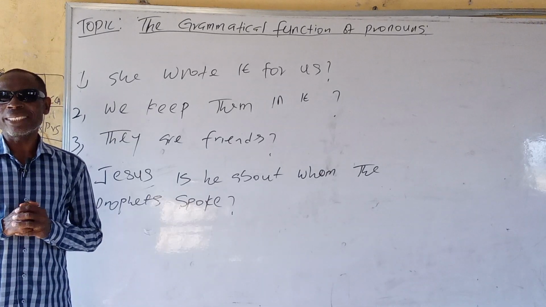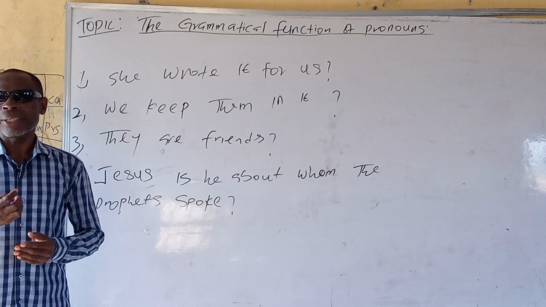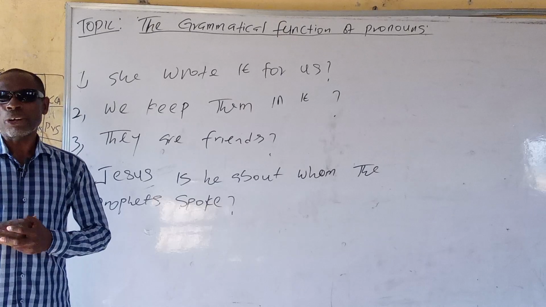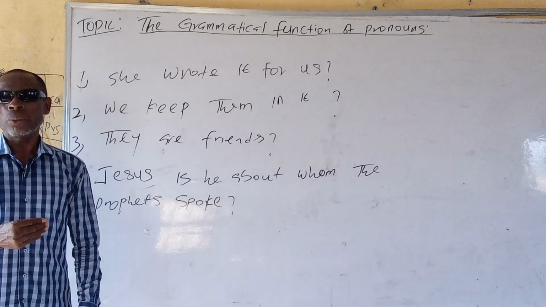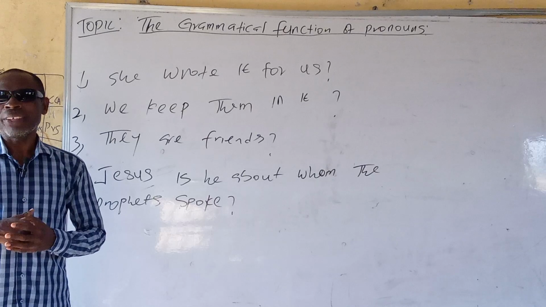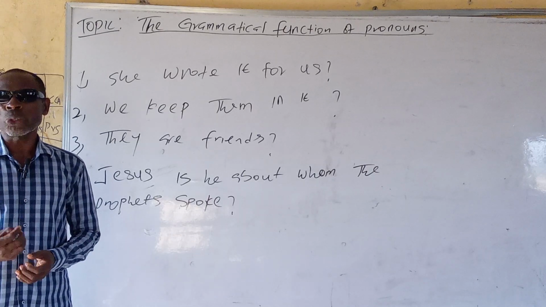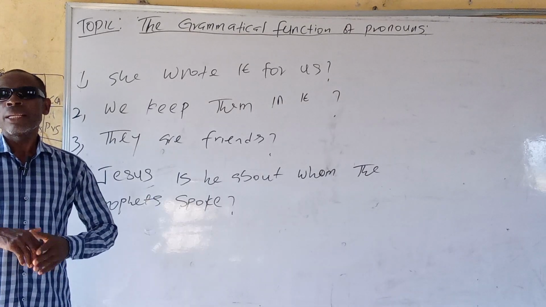The preposition in this sentence is in, and in is followed by the pronoun it. Therefore, it is the object of the preposition in this sentence. So, the grammatical name of it here is personal pronoun, and its grammatical function is object of the preposition in.